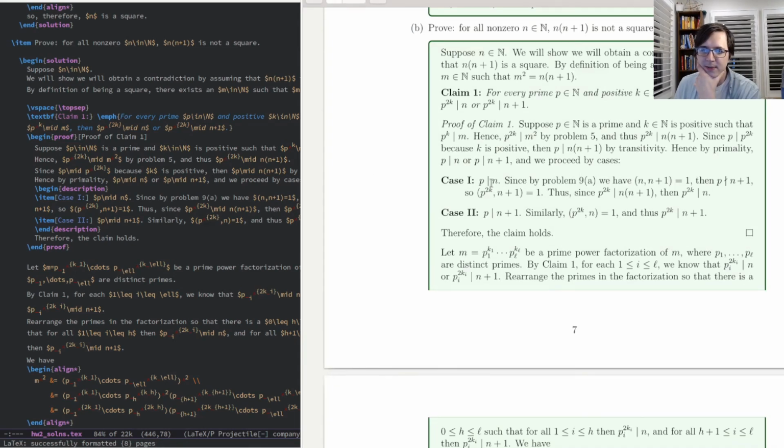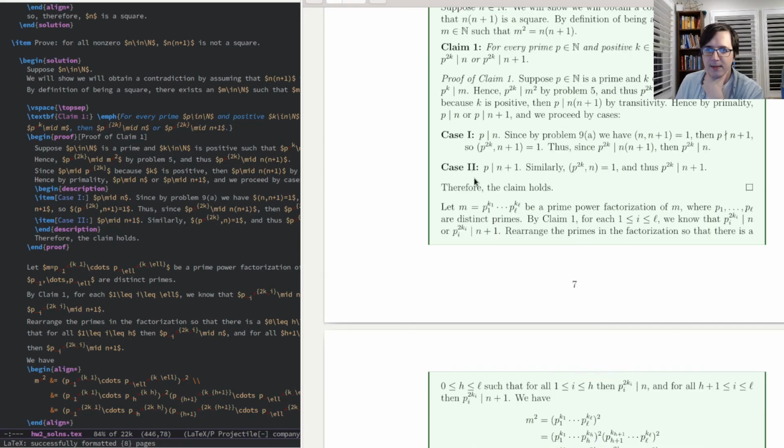If it divides the first one, then it doesn't divide the second, and so the prime power doesn't divide the second. And then that prime power, since we're assuming that it divides this product, had to divide the first one. And then we do the same thing because it didn't matter what these two numbers were. We can just swap their roles.